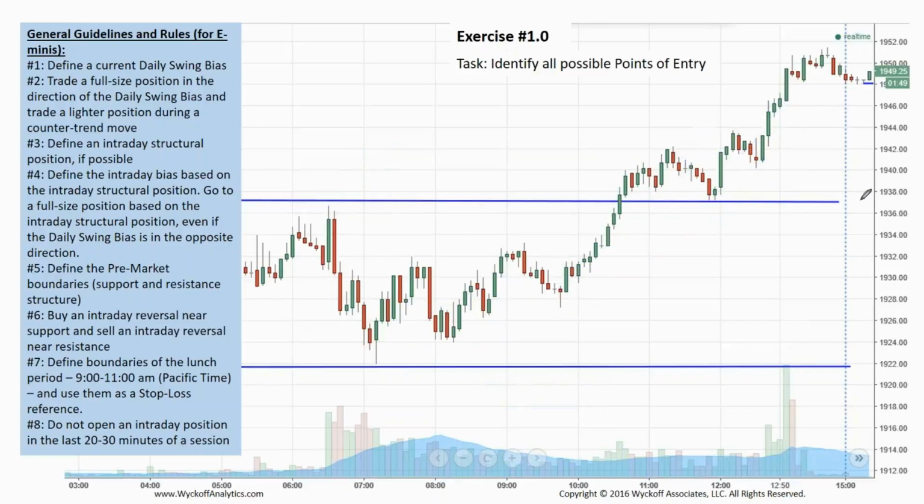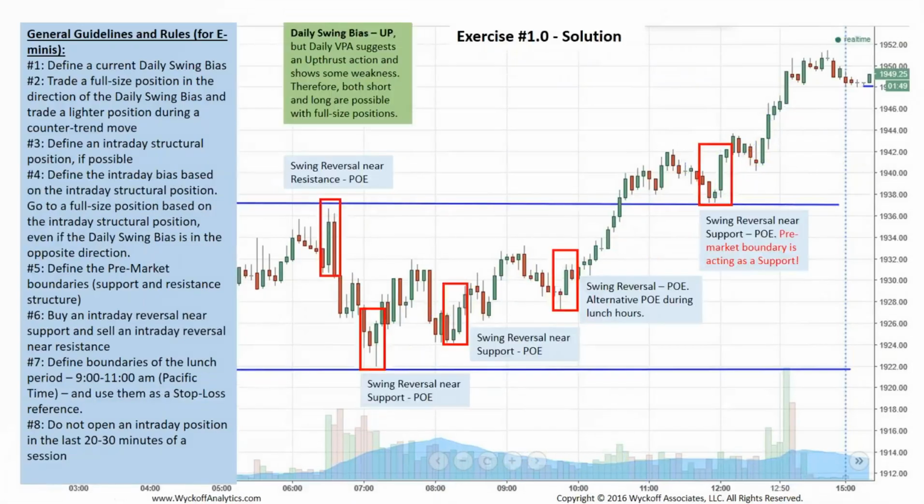But all of these points of entry are acceptable, and they follow all of these rules where we are opening with an understanding of the context of what is happening here: an attempt to upthrust and then the reversal. We are entering here because we are touching the support, and this is a potential phase C for us.